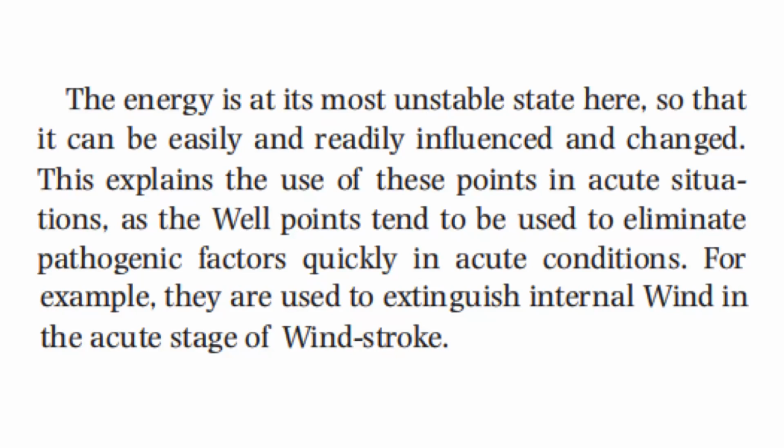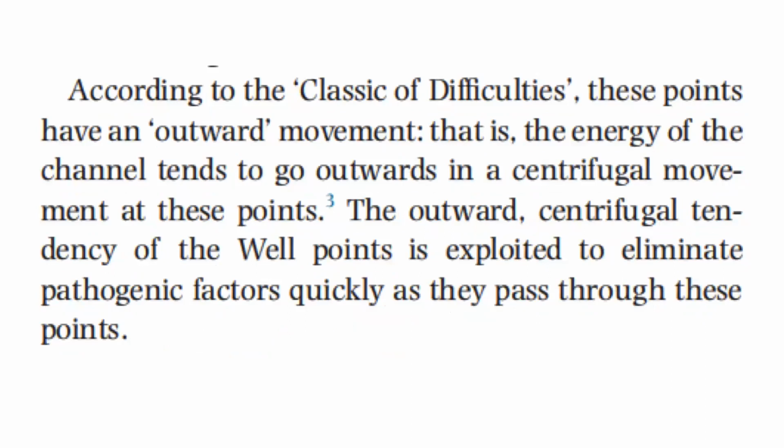The energy is at its most unstable state here, so that it can be easily and readily influenced and changed. This explains the use of these points in acute situations, as the well points tend to be used to eliminate pathogenic factors quickly in acute conditions. For example, they are used to extinguish internal wind in acute stages of wind stroke.